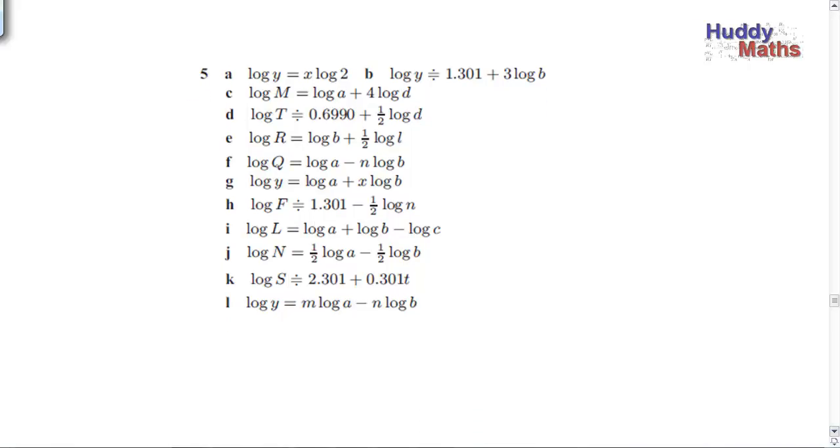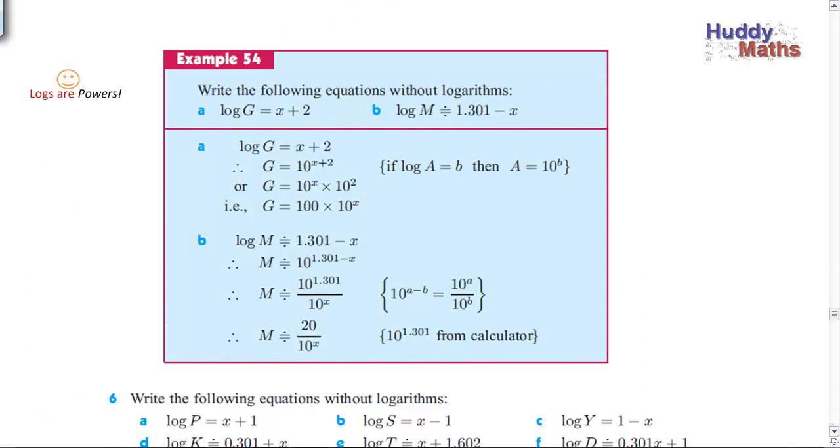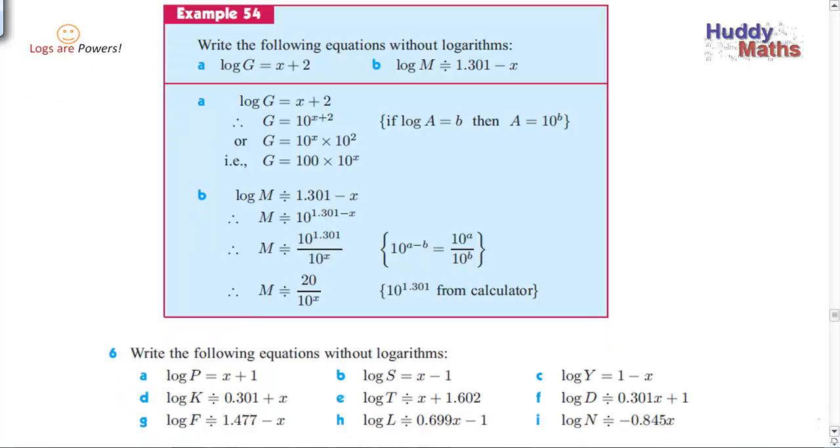Nearly finishing now, and let's have a look at simplifying some equations which already have logs, going forwards and backwards and forwards. So just keep your head around logs of powers and which way we're going. So log of g is x plus 2. That must be a power.